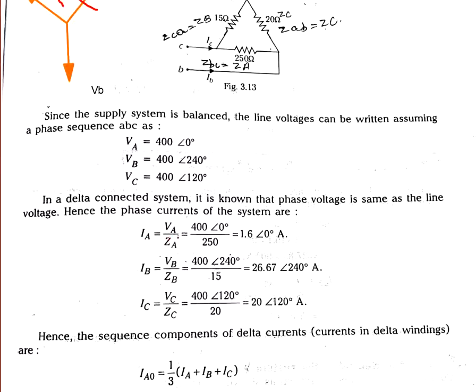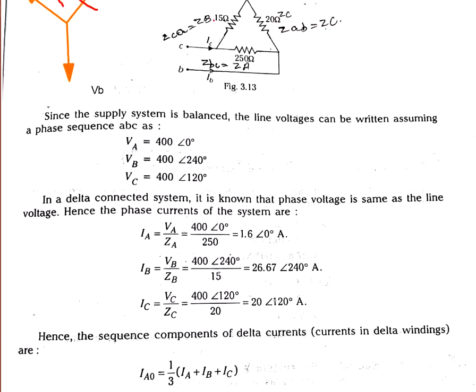Now, for phase A, IA equals VA by ZA. This is my ZA, because it is the opposite vertex. IB equals VB by ZB, where VB is 400 at an angle 240. And IC equals VC by ZC, so 400 at an angle 120.